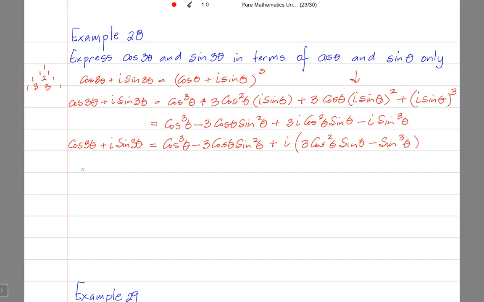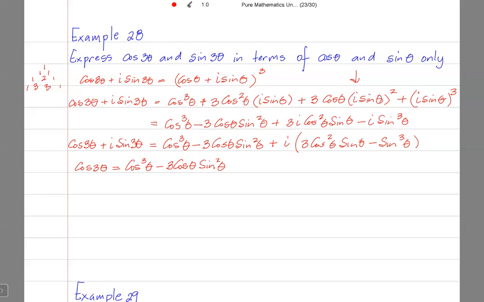So the real part on the left is cos 3 theta, and that is equal to the real part on the right, which is cos cube theta minus 3 cos theta sine squared theta.